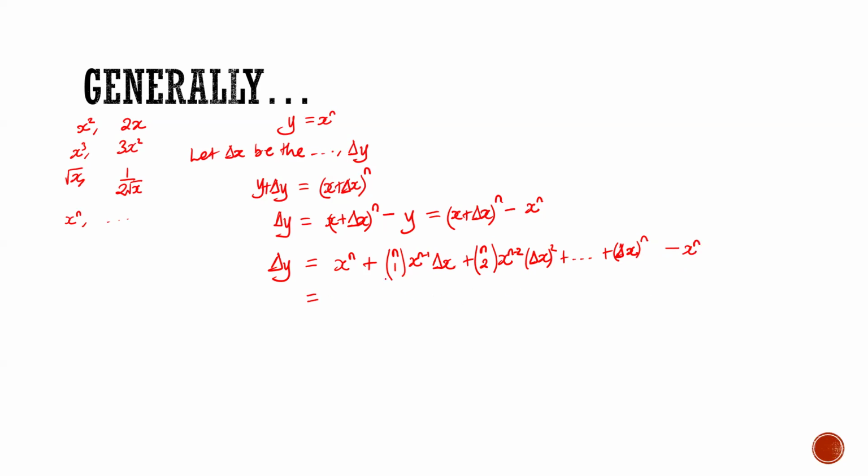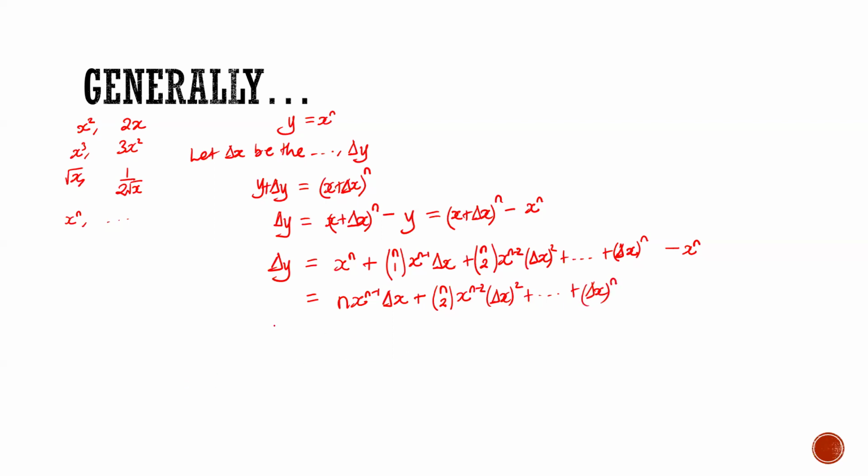You realize that this leaves us with n combination 1, which is n. So we can write that as n times x to the power n minus 1 times delta x plus n combination 2 times x to the power n minus 2 times delta x squared, all the way up to delta x to the power n.